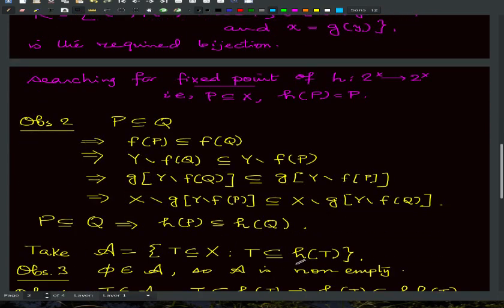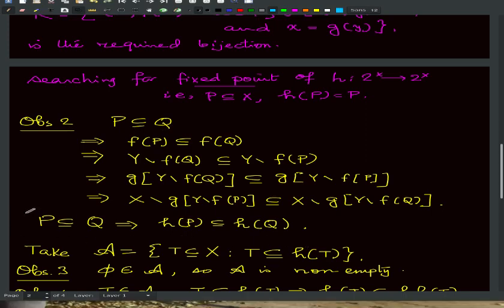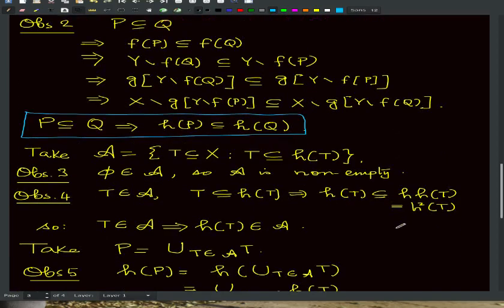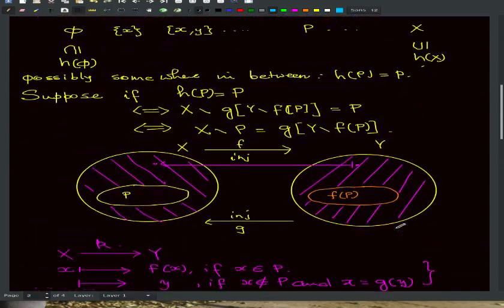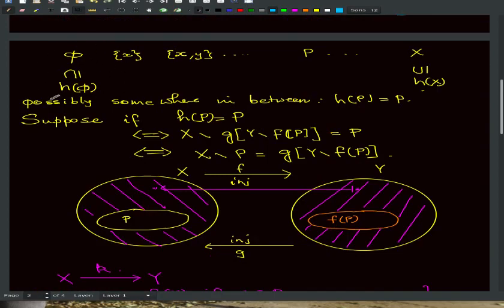We first show that it is monotonic. That means if P is smaller than Q, then H(P) is smaller than H(Q). So this is the first starting point. This result. Okay? And then you know that this is a typical case that you started off with.